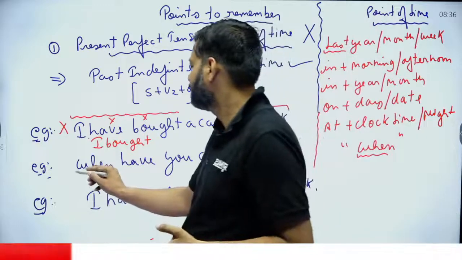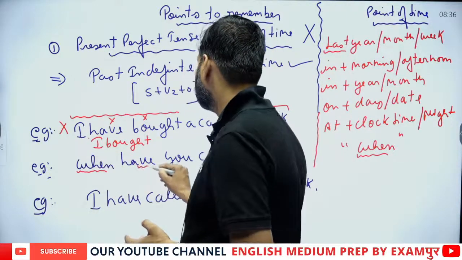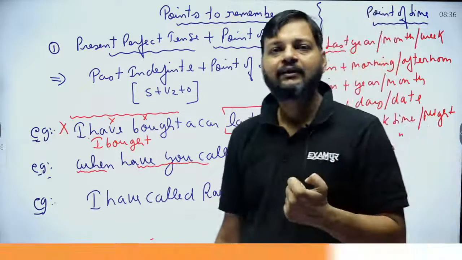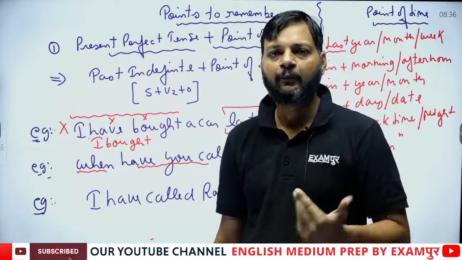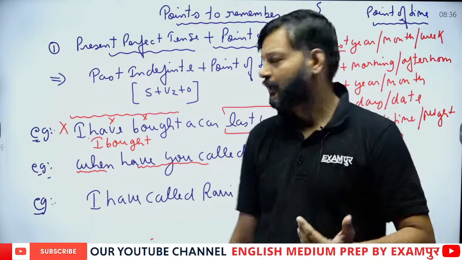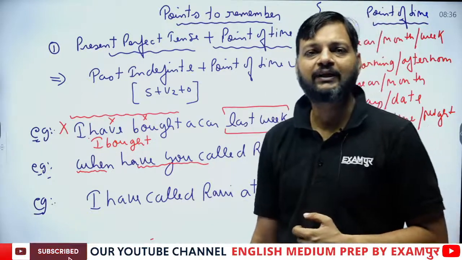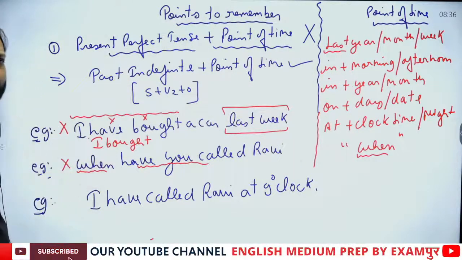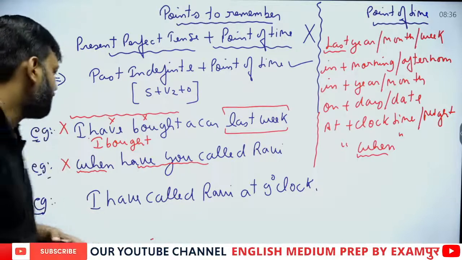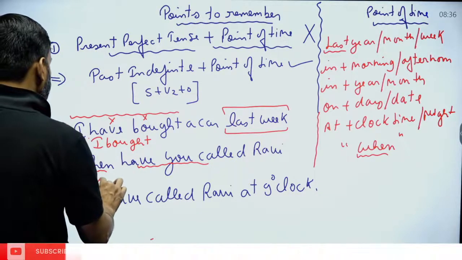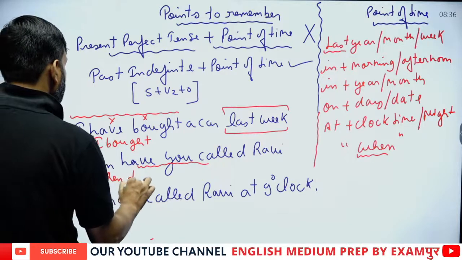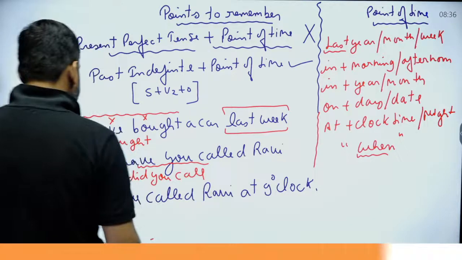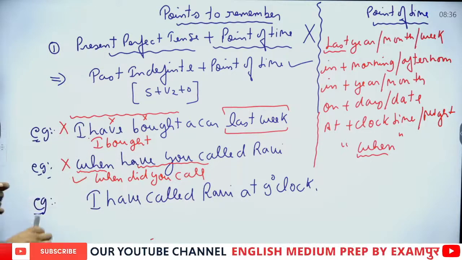So here we have when and then present perfect tense. When have you called? Since when is also a point of time, it cannot be used in present perfect tense, right? So this sentence is wrong. Its correction would be when did you call.